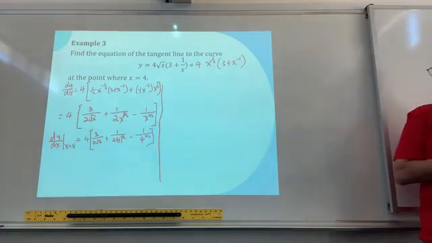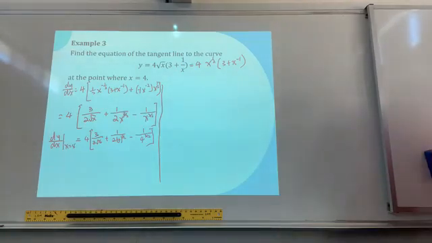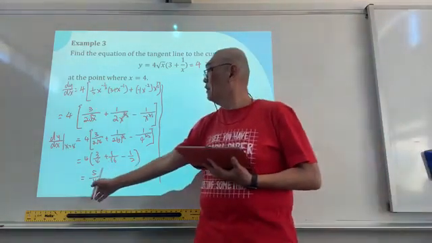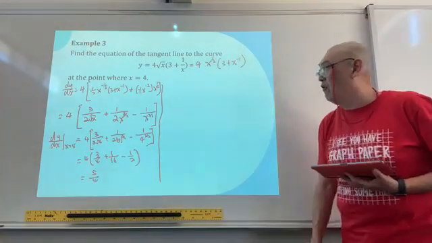Alright? Which will give me 4 times 3 over 4 plus 1 over 16 minus half, which is 5 over 4. So I know at that point the gradient is 5 over 4.